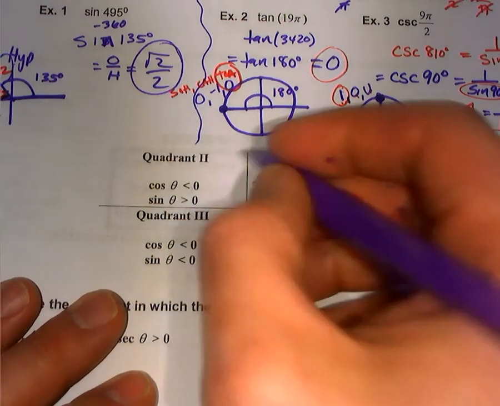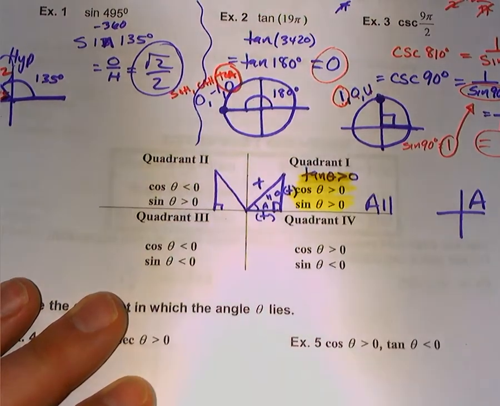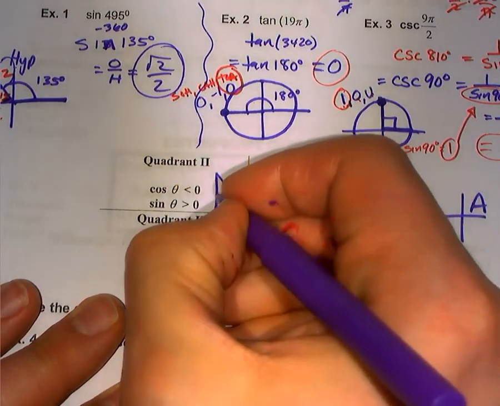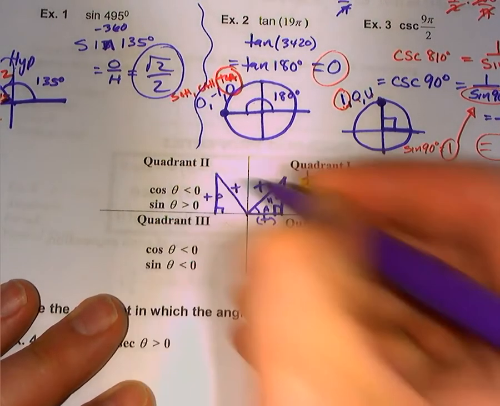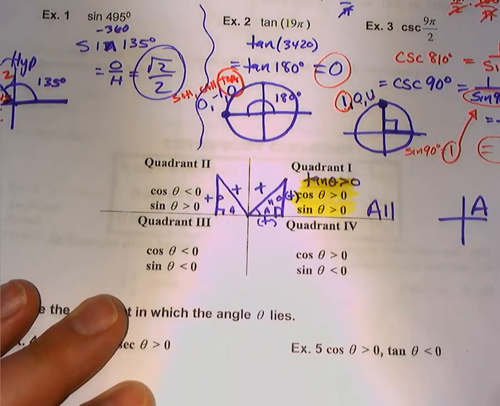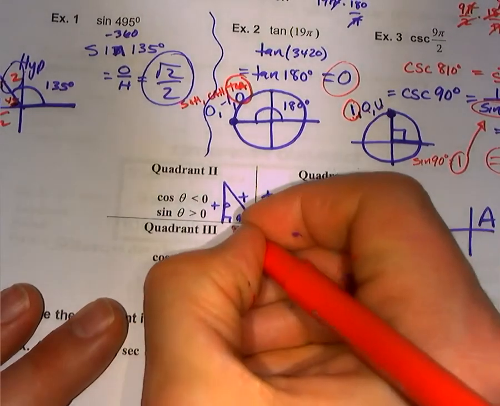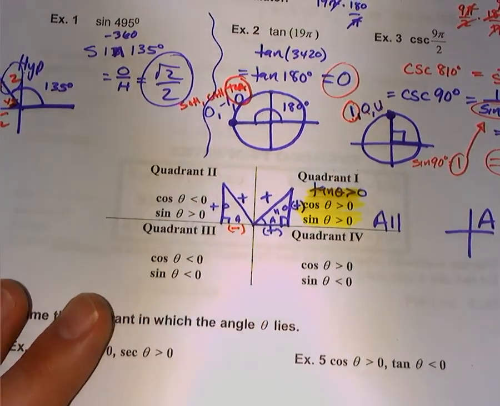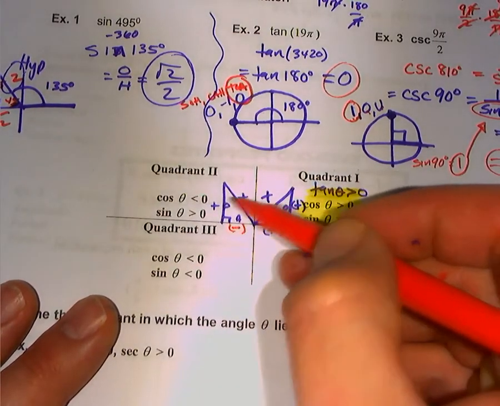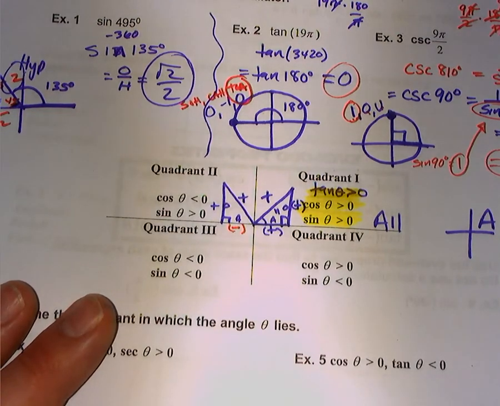When I switch to quadrant number 2, hypotenuse is always positive. The opposite leg is going up, that's positive. But the adjacent leg is now negative. So when I do cosine, A over H, negative over positive is less than 0, a negative ratio.